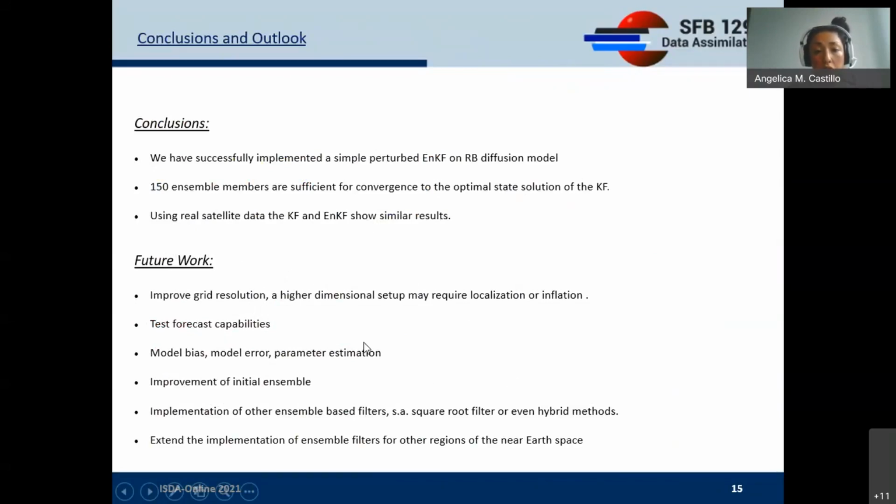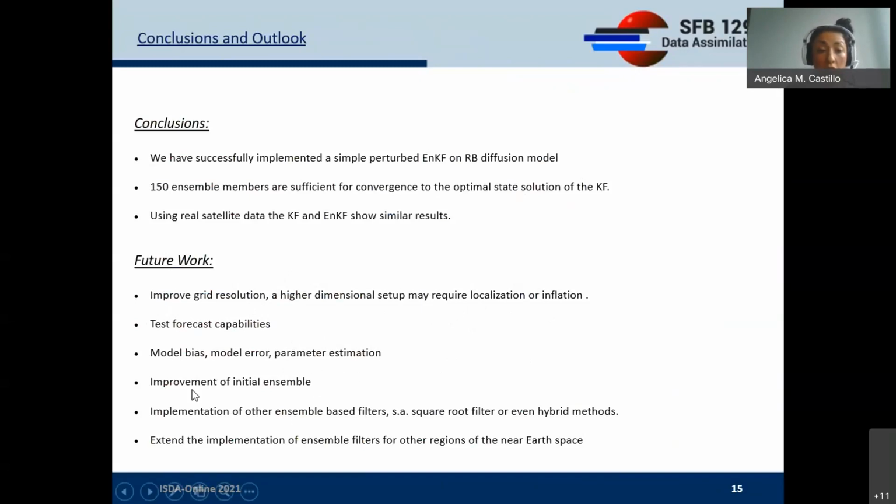And for the future, we're very excited about looking deeper into more sophisticated techniques like localization and inflation. We would also like to test our forecast capabilities using the Ensemble Kalman filter, look deeper into parameter estimation of model bias, and correction of our model error, for instance.